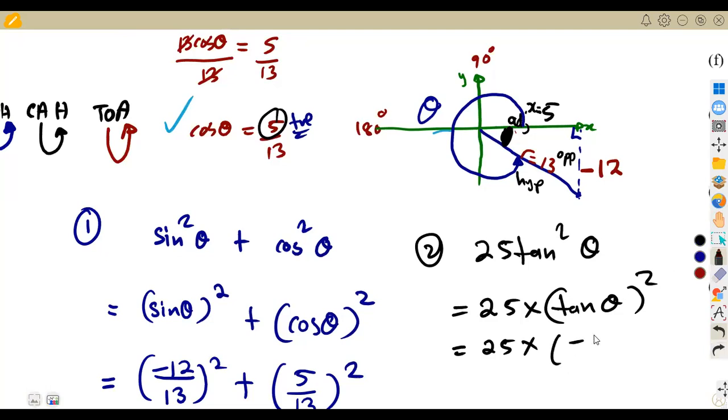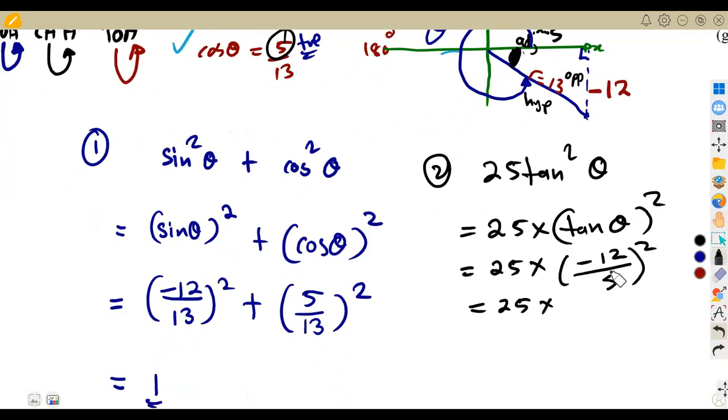So that is going to be negative 12 over the adjacent, which is 5 in this case, right? Our adjacent, that is a 5. So it is going to be 5 squared like that. All right, you can use your calculator at once, or you can square this on your calculator. You are going to obtain 144 over 25. All right, this is same as over 1. So if you multiply, this will cancel.